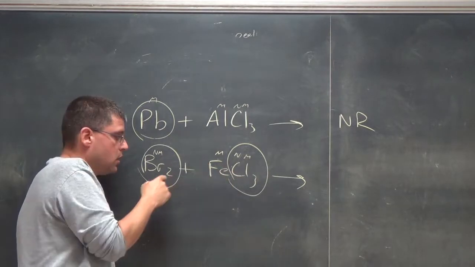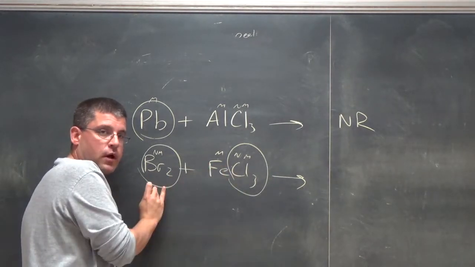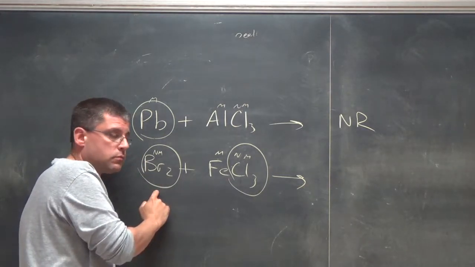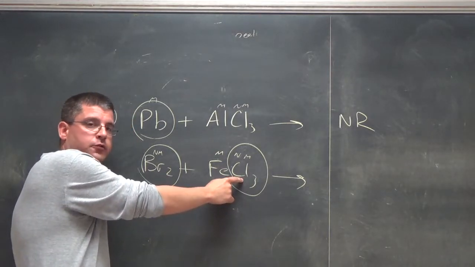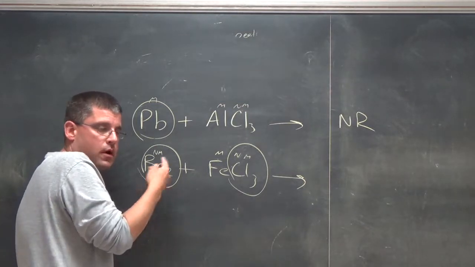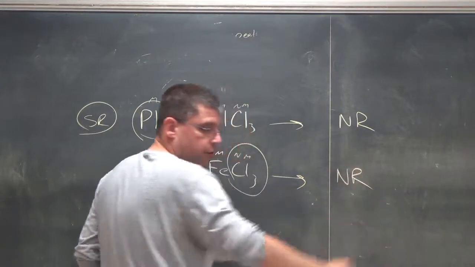Now let's think. They're both halogens, they're both reactive. They both want to gain valence electrons. But bromine has a larger atomic radius than chlorine. So chlorine has a greater force of attraction to these electrons. So therefore bromine doesn't have enough power or activity to want to displace that. Therefore you've got no reaction.